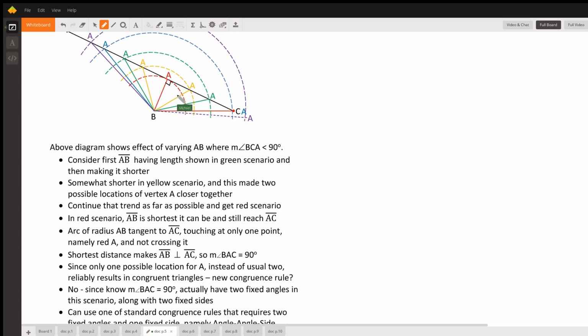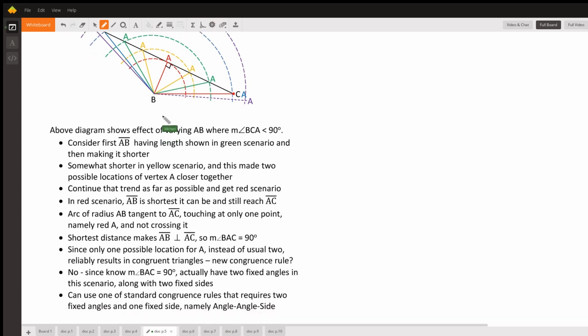And that happens when this arc is tangent to this line, touches it in only one spot, the spot where we have vertex A. And if this got any shorter, you wouldn't have a triangle at all because this wouldn't reach this line.